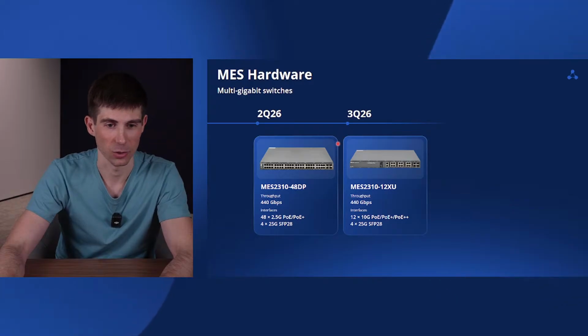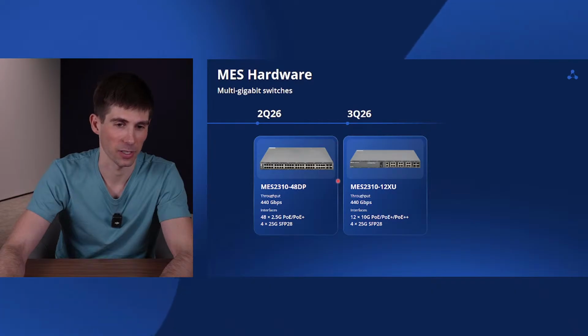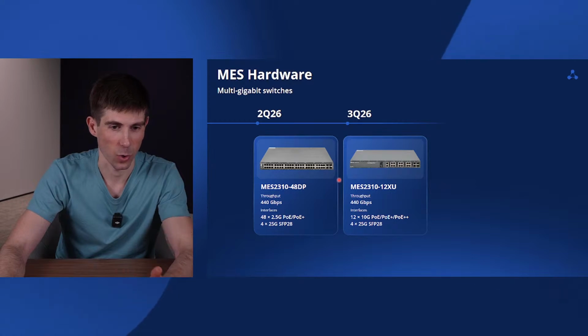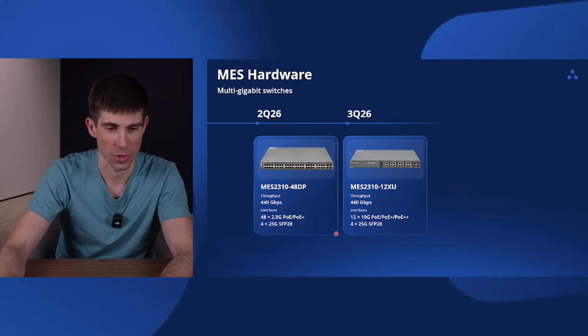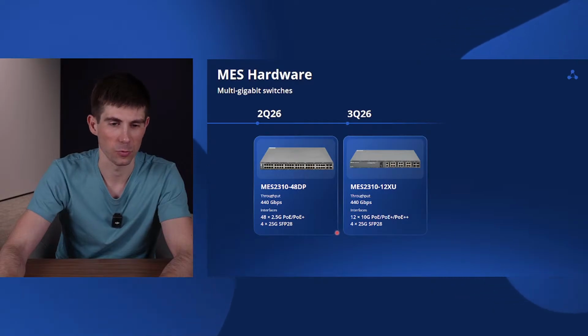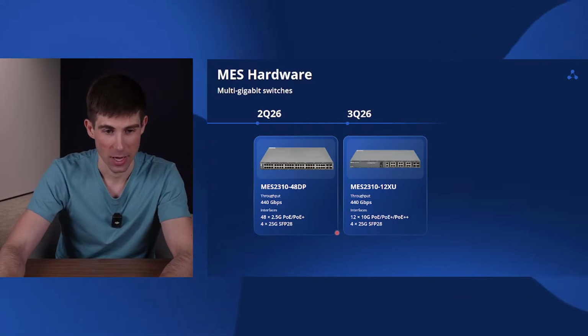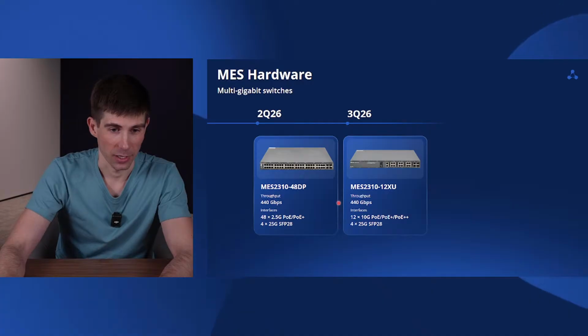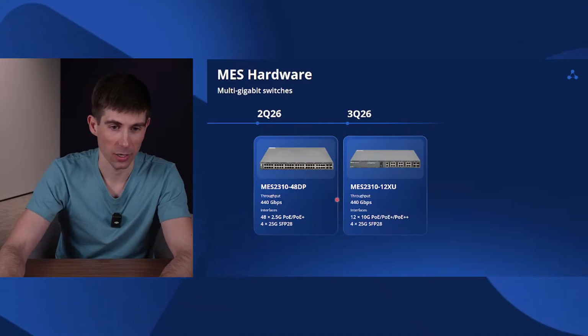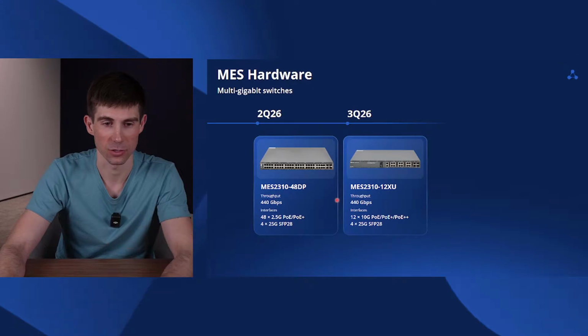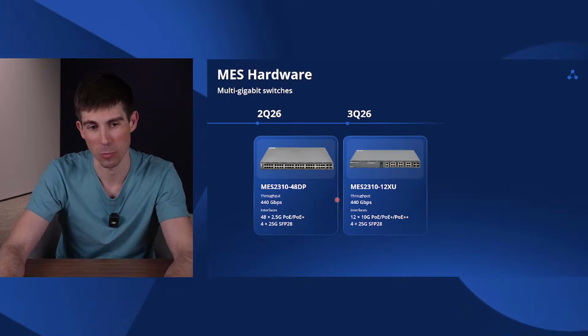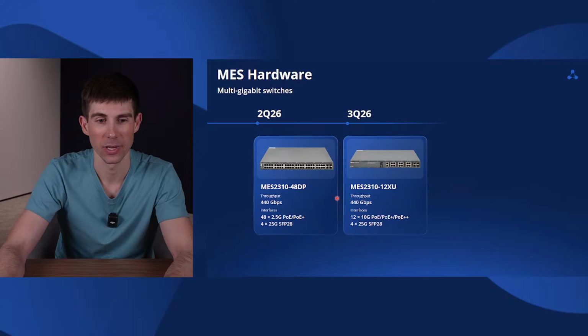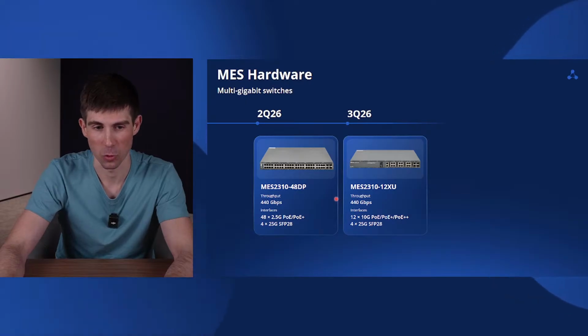So for this device you can connect up to 48 access points, for instance Wi-Fi 6 access points, and get the most out of them with 2.5G interfaces. And again, they have redundant power supplies, so whether these are access points or any other PoE equipment, you'll be able to provide PoE power for them.